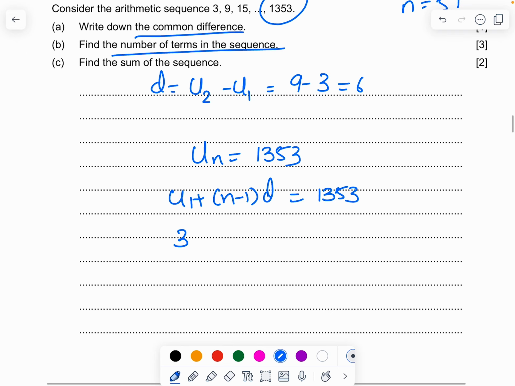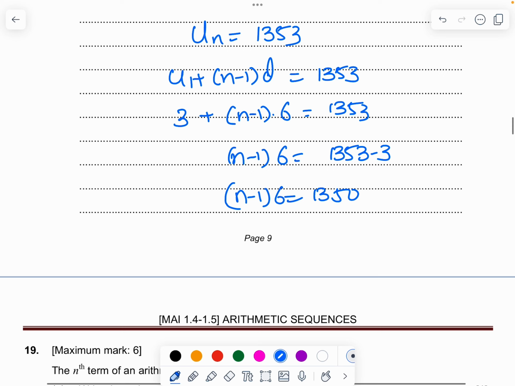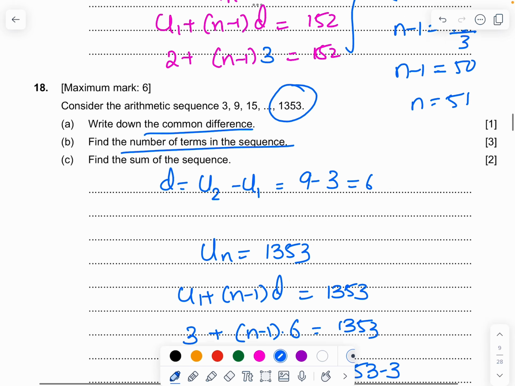What is u1? 3 plus n minus 1 times d, where d is 6, is 1353. n minus 1 times 6 is 1353 minus 3. n minus 1 times 6 is 1350. Then n minus 1 equals 1350 divided by 6, which is 225. So n equals 226.